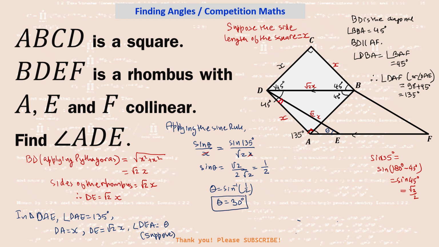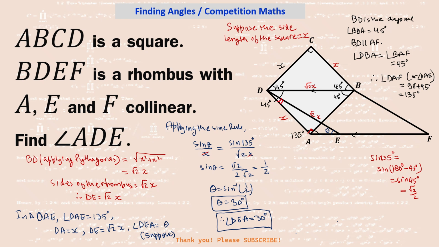So we have angle DEA is 30 degrees. Now this is very important to be able to find angle DEA, because then we know two angles in this triangle, DAE and DEA, and we can find angle ADE. Very easy.